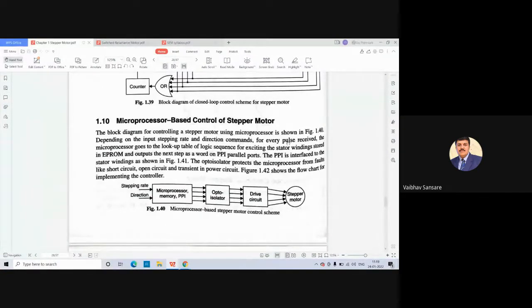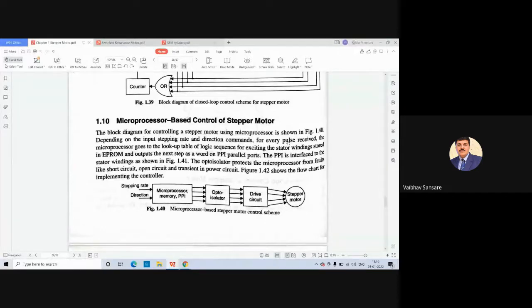There is nothing different in the block diagram. Whatever flow and whatever block diagram components are there, those components are the same. Now, in control strategy, basically we are interested in the control sequence or logic sequence which is provided to the stator winding of the stepper motor.